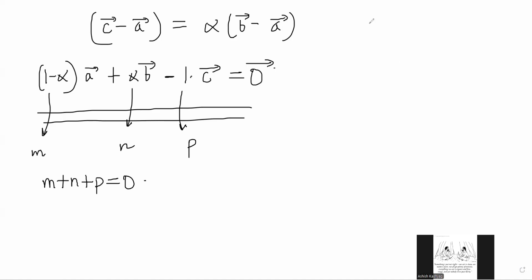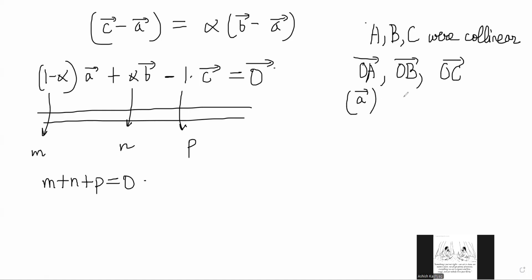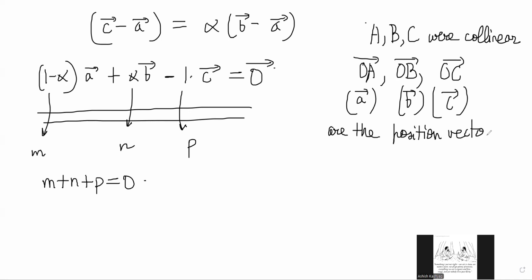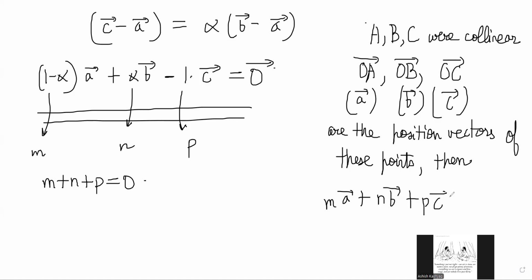So we have proved one part of it, that if the points A, B, C were collinear and OA, OB, OC or vectors A, B, and C are the position vectors of these points, then what we can say is that MA plus NB plus PC is 0, where M plus N plus P is 0 for some scalar quantities M, N and P. That is what we have shown so far, right?